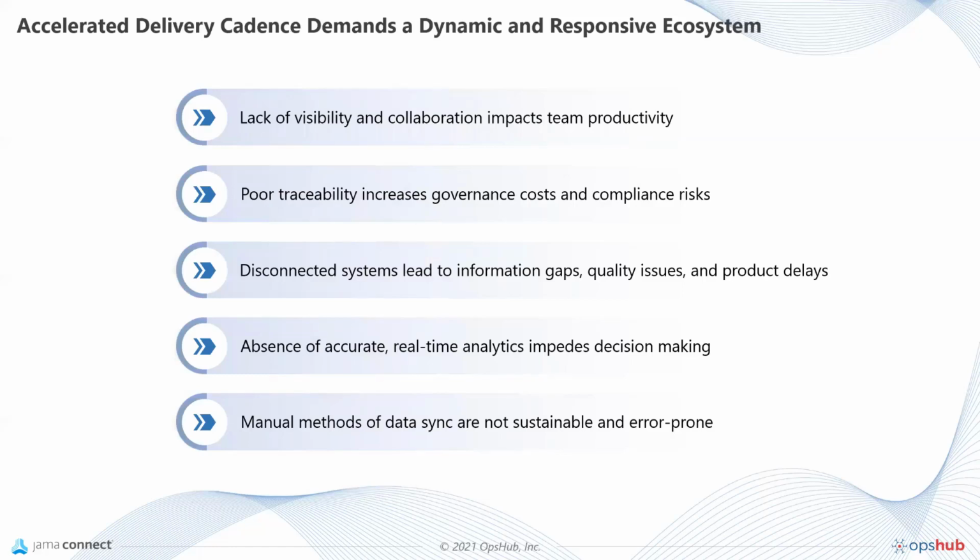So when we think about this, this accelerated delivery cadence, it really demands a very dynamic and responsive ecosystem. When you have lack of visibility, when you have data that's potentially locked up in these different silos across the organization, you have a lack of broad visibility. You have a challenge with collaboration.